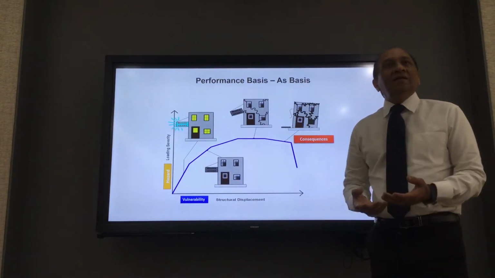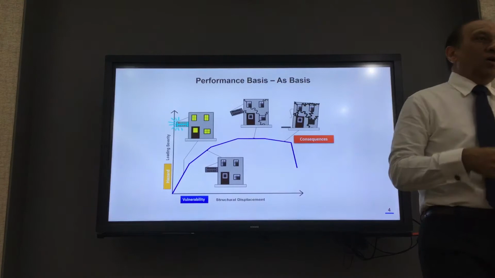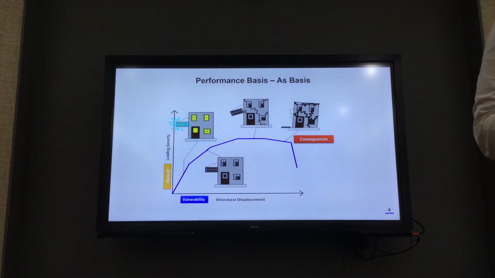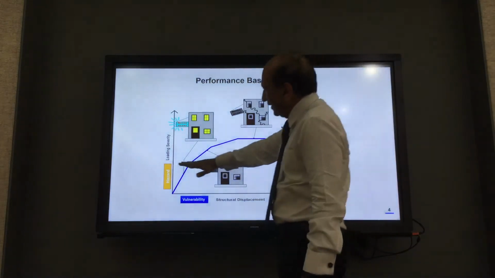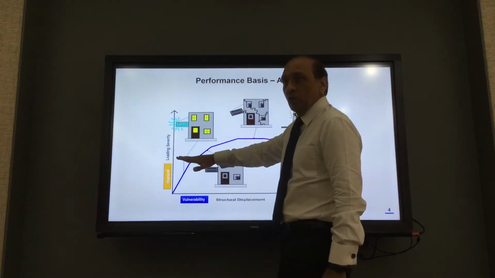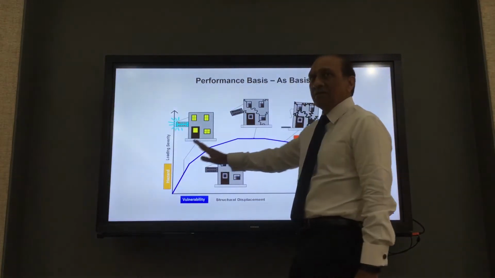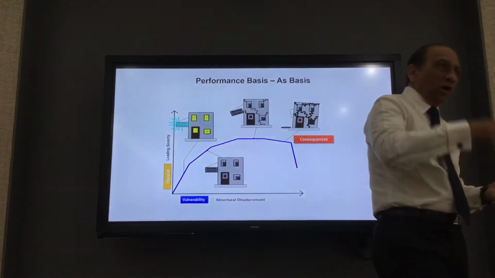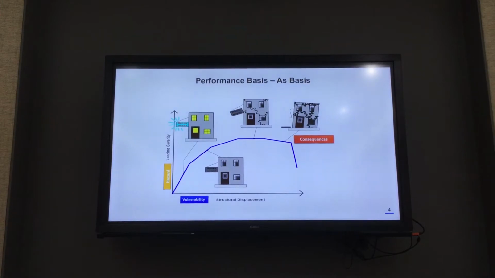So automatically, the code-based design or the traditional design will not work to get this information because they only work in this region. They do not give you the information of the structure's behavior beyond the design level, which is a theoretical level.